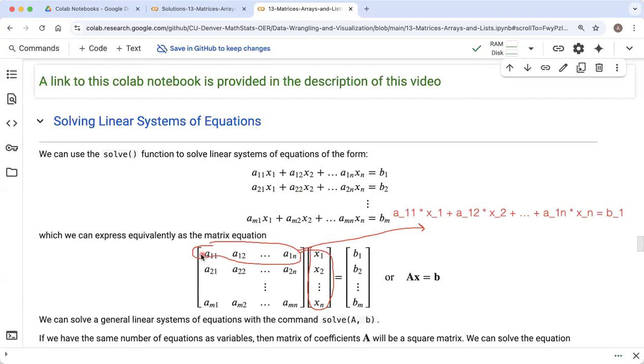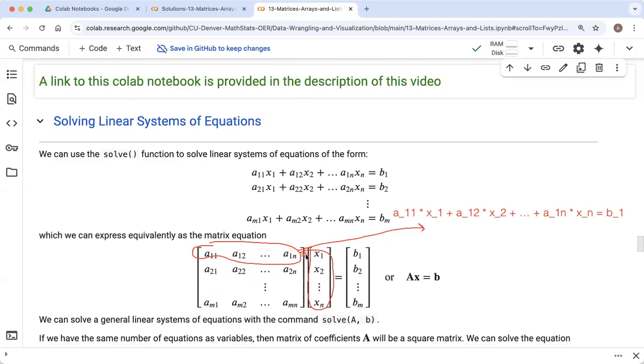For example, if I were to multiply this matrix of coefficients with this column vector of x1 up to xn, then matrix multiplication says we take this first row times this column to get the first value in the product.